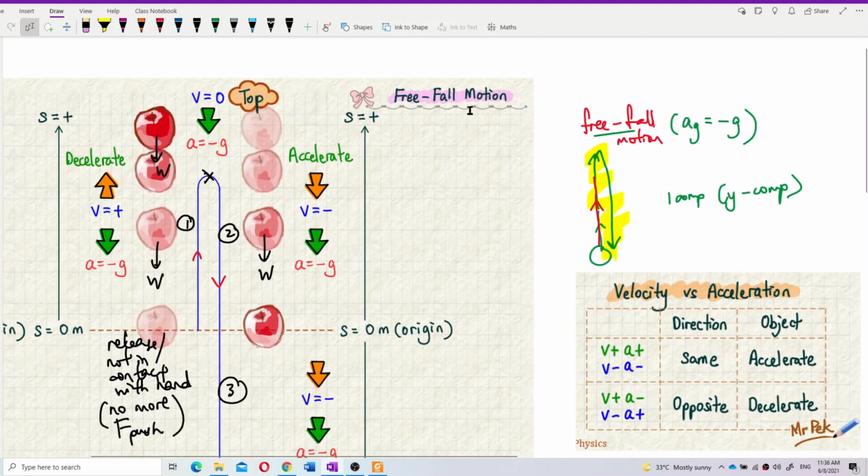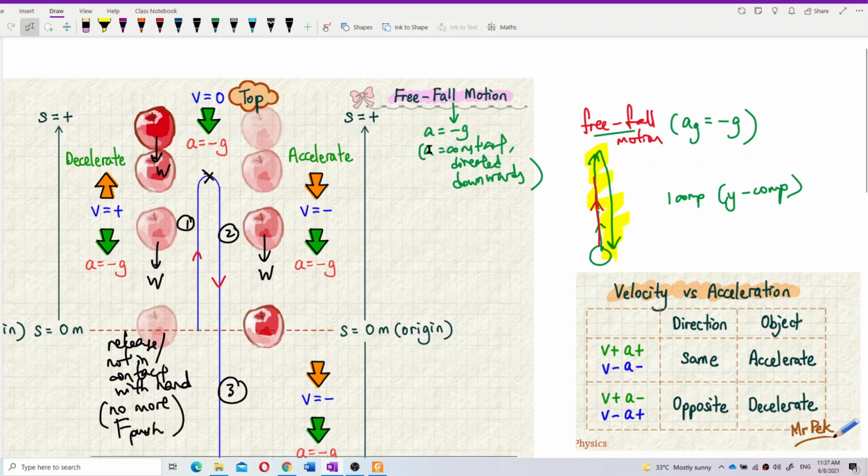So what I can say is, for free fall motion, the acceleration is always negative g, always constant and always directed downwards because gravity is downwards.